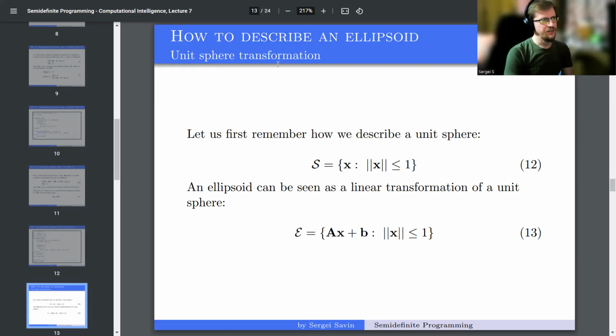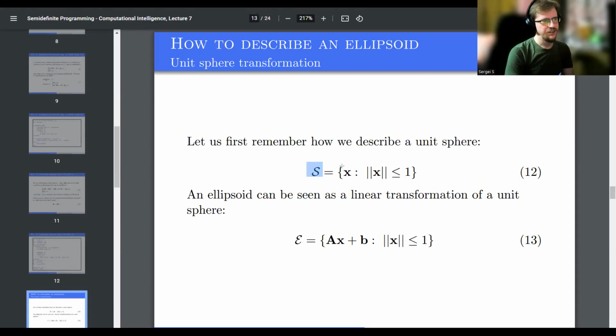Right. So what about the ellipsoids? Well, let us begin by thinking about how we can describe the unit sphere. So the unit sphere is all x such that the norm of x is less than or equal to 1. Here we mean the second norm, so Euclidean. Now, an ellipsoid can be seen as a linear transformation of a unit sphere.